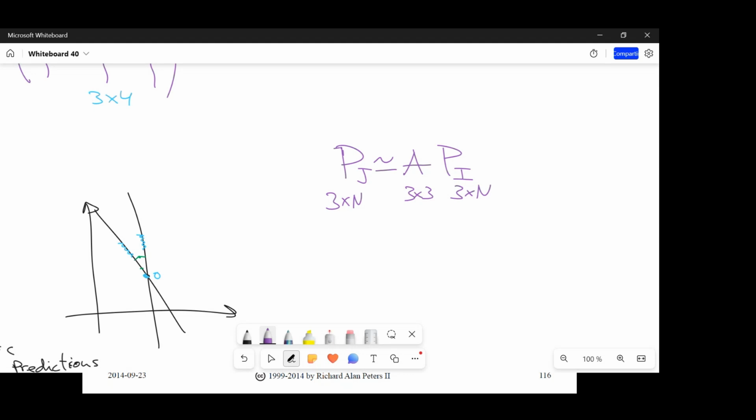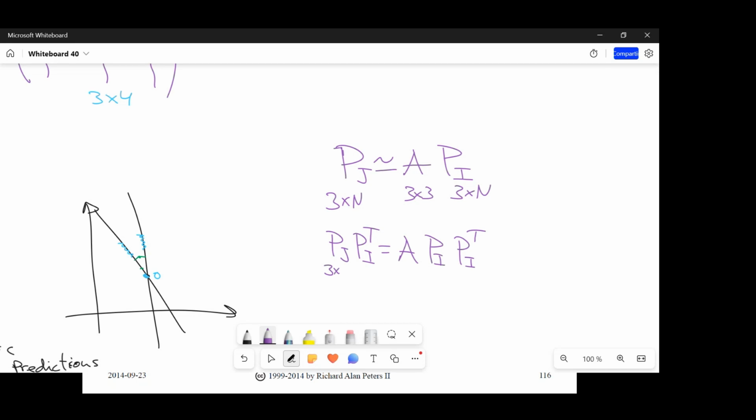But there is a trick. Let's multiply by Pi transpose on the right. I will use equal for now. Let's keep sizes again.